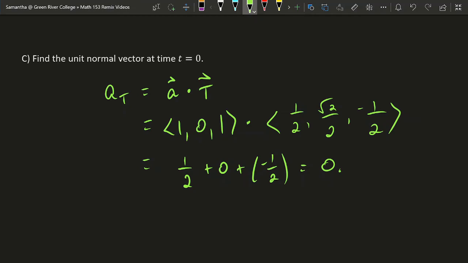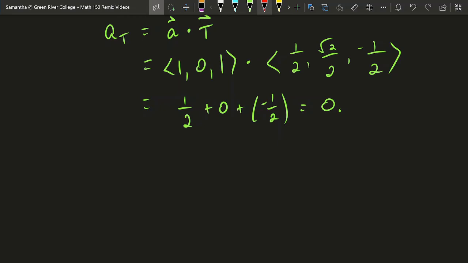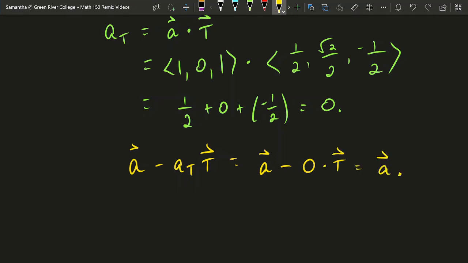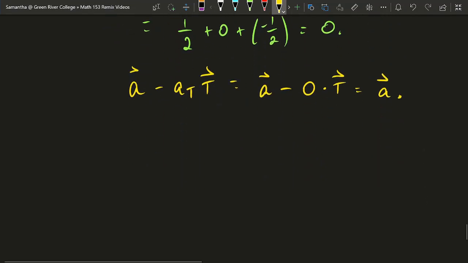So, because a sub t is equal to 0, this acceleration vector must not have any tangential component. This acceleration vector must not alter the speed of the object at all. The acceleration vector must point in the same direction as N.